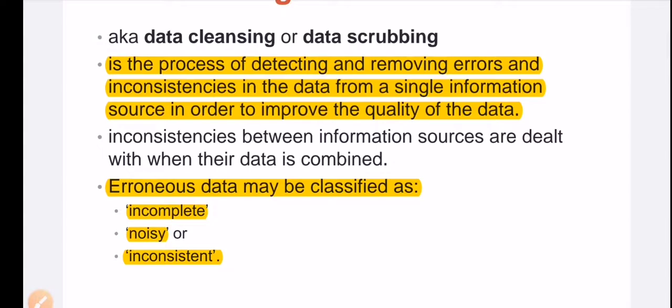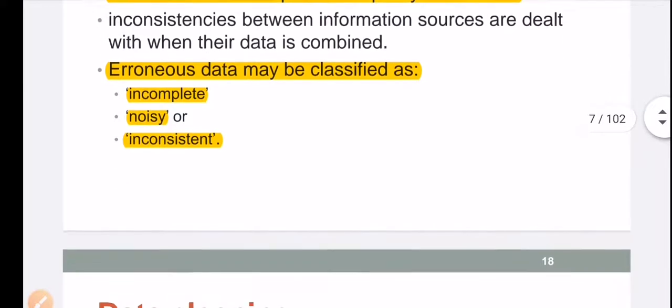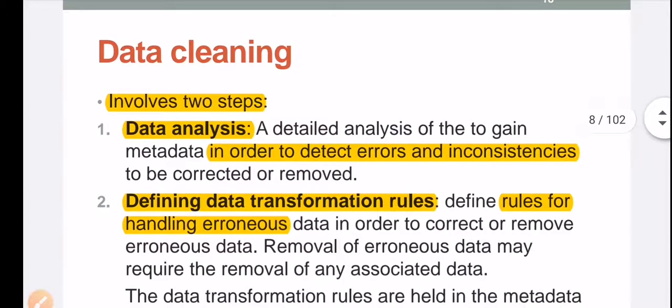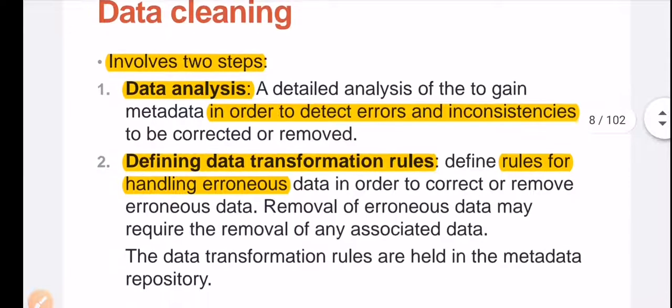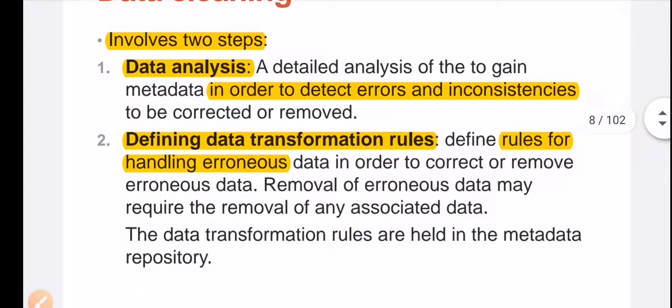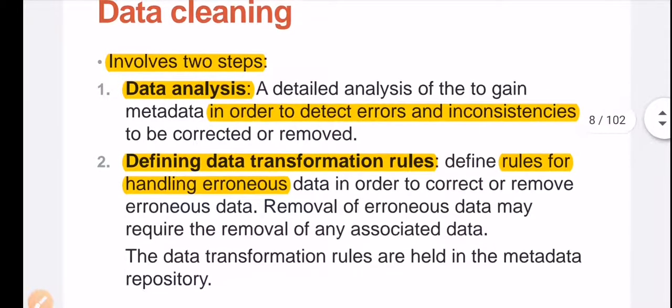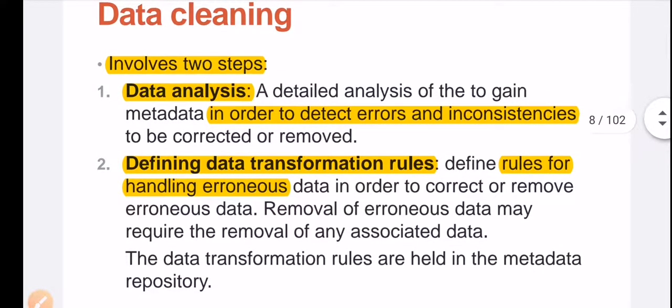So all these kinds of errors may appear in data. So we need two steps: data analysis to detect the errors, and then data transformation rules, which use specific rules to overcome or clean the errors detected.